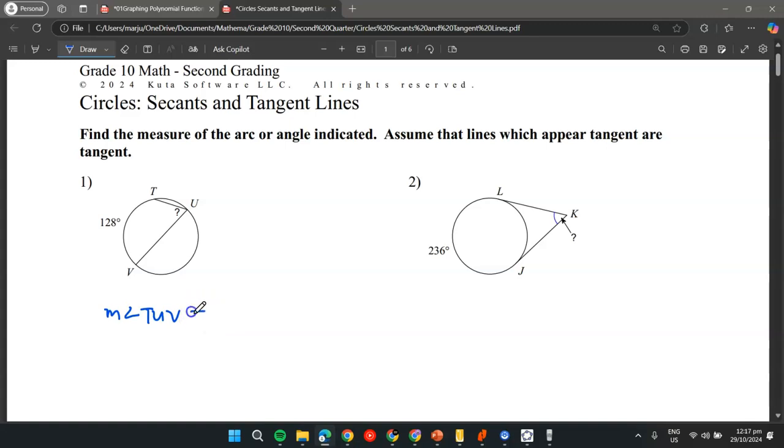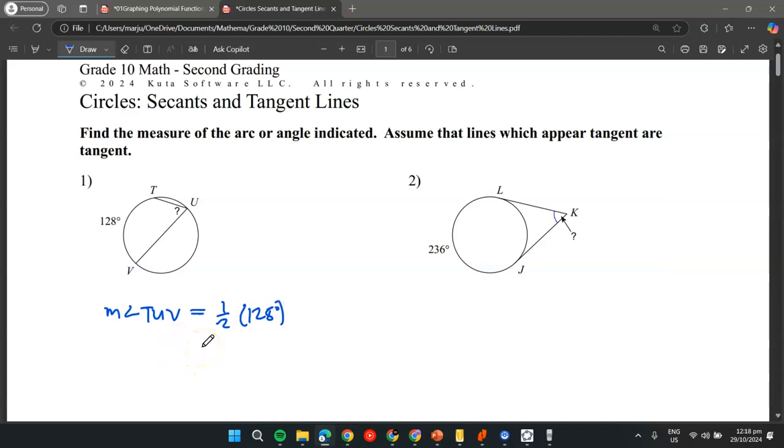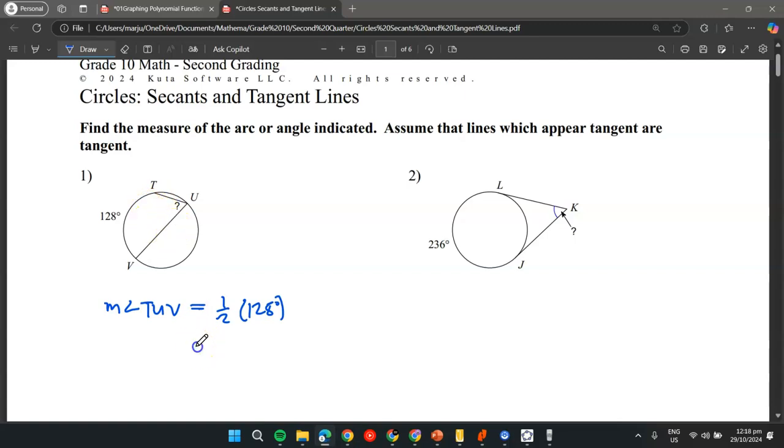So this is equal to 1/2 of 128 degrees. What's half of 128? That is 64 degrees. So this measures 64 degrees, and that will be our answer for number one.